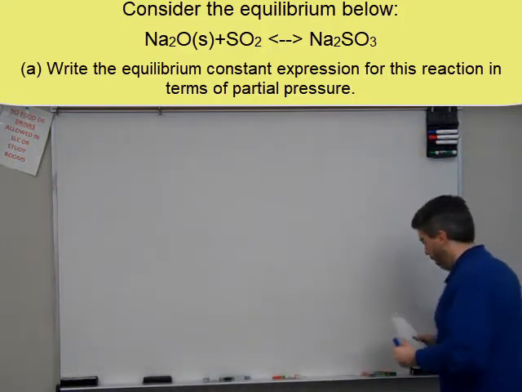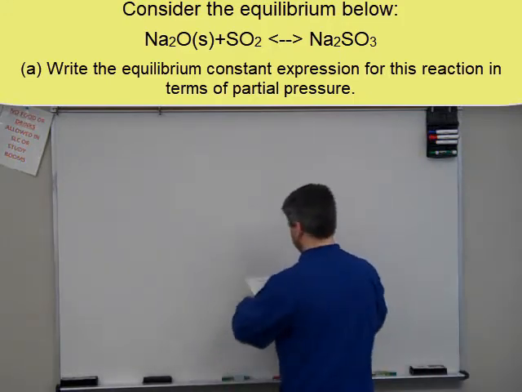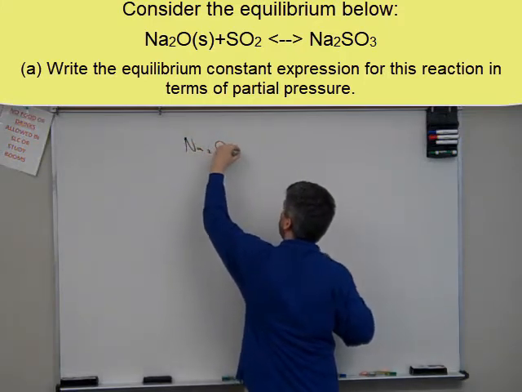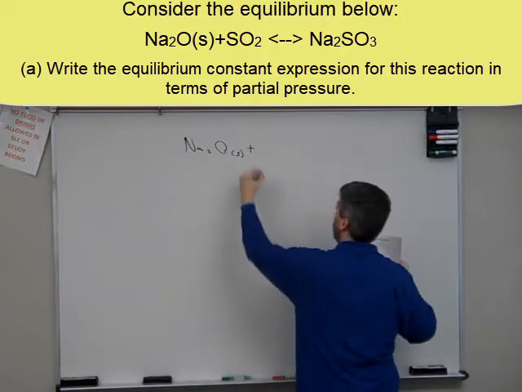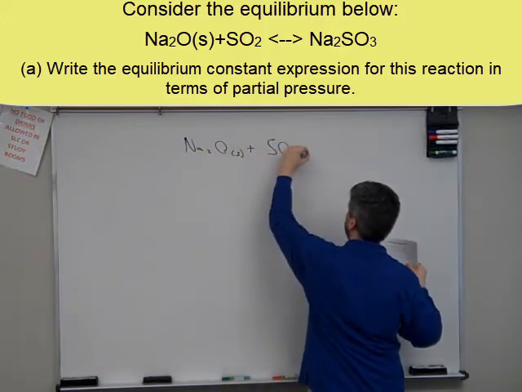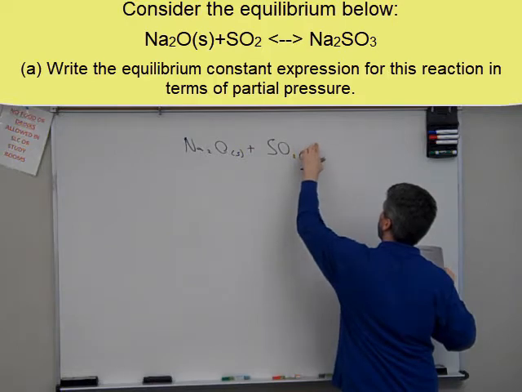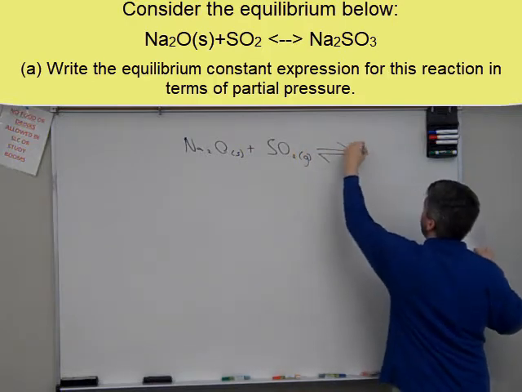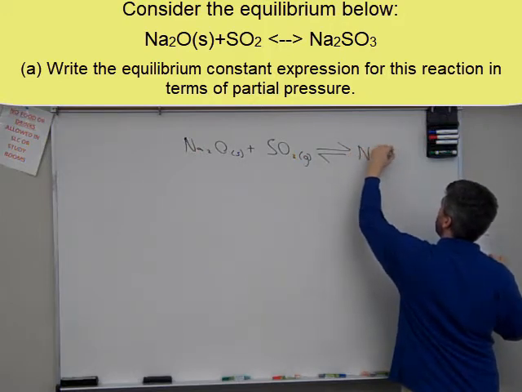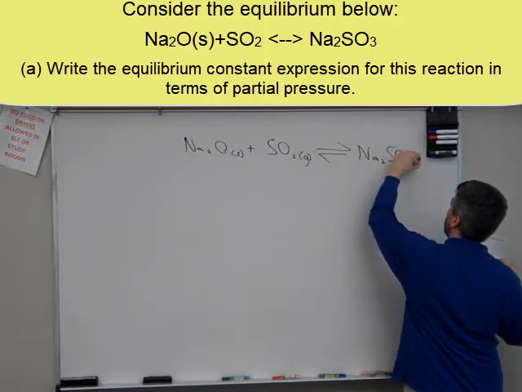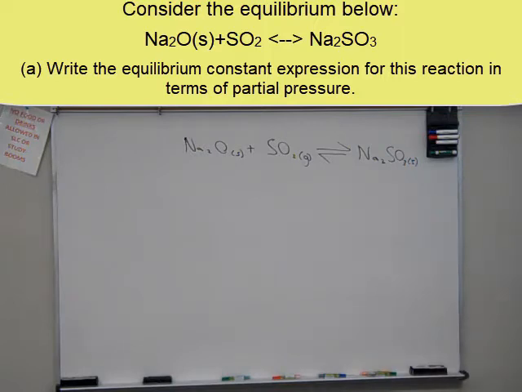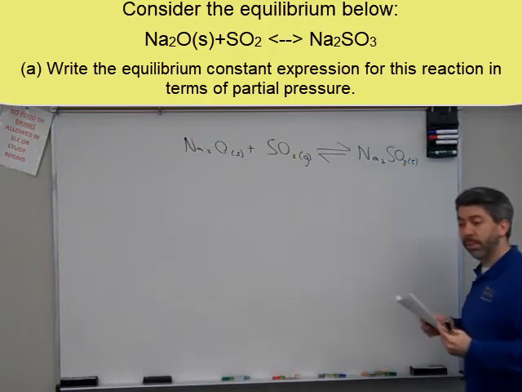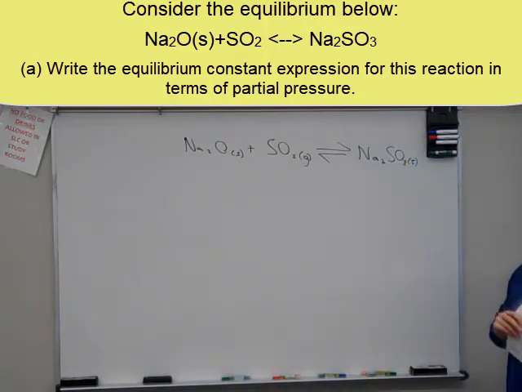And we'll write our beautiful new equation: Na2O solid plus SO2 gas is in equilibrium with sodium sulfite. Okay, cool. So, what is the equilibrium constant expression for this reaction in terms of partial pressure? Any ideas?